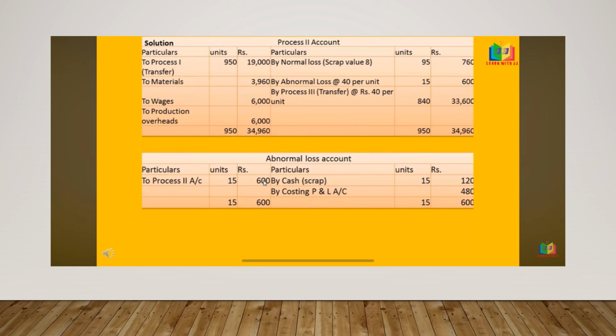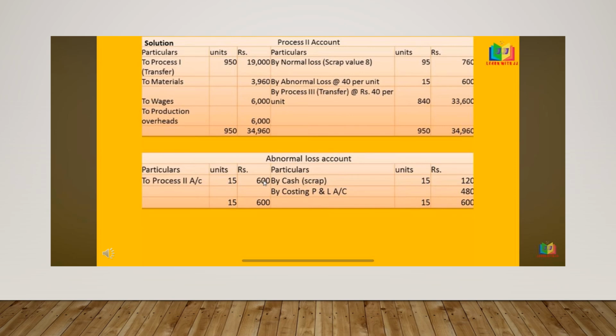But here, since it is already abnormal loss account, we take it as by cash. So 15 units and into the scrap value is 8. So therefore 15 into 8, we get 120 in the amount column. So the balancing figure is 480, that is transferred to costing profit and loss account.